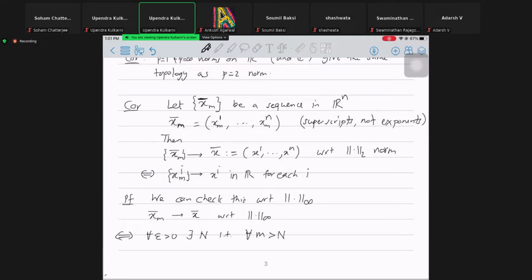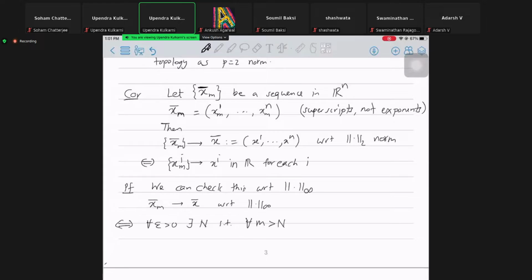What happens? Now here is the thing. The norm has to be bounded by epsilon. But what is the norm? The norm here is the infinity norm of the difference between x bar and x_m bar. But what is that? That is just the maximum of the first coordinate of x_m minus the first coordinate of x, and all the way up to the last coordinate of x_m minus the last coordinate of x.